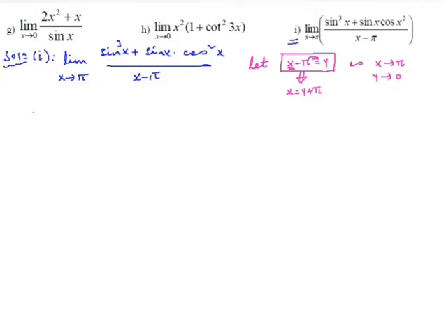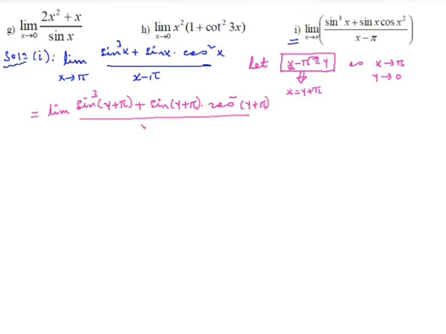So the given limit becomes the limit of sine cube of y plus pi, plus sine of y plus pi times cos square of y plus pi, over y as y approaches 0.